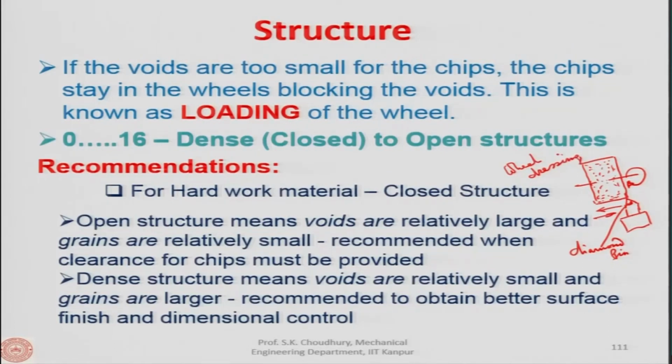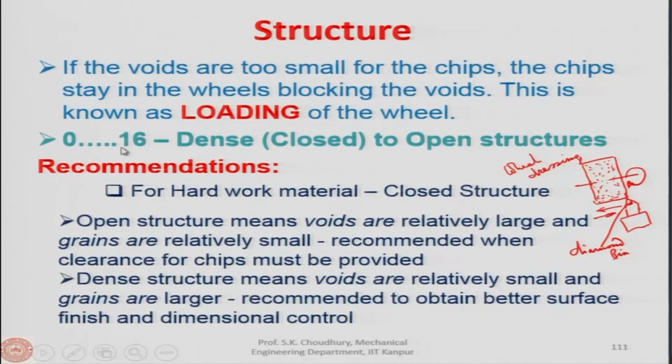Wheel dressing is done to remove the layer from the wheel surface where either the worn out grains or the clogged chips are there. After this thin layer is removed, you will find that the wheel has sharp grains on the surface, so it will cut more and consume less power.